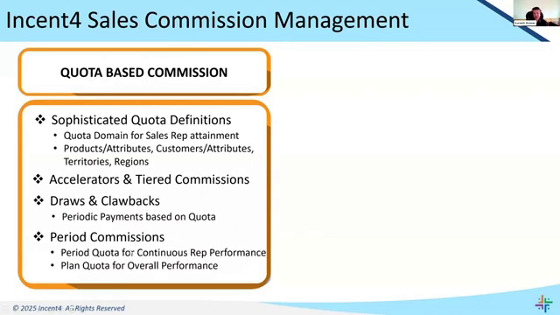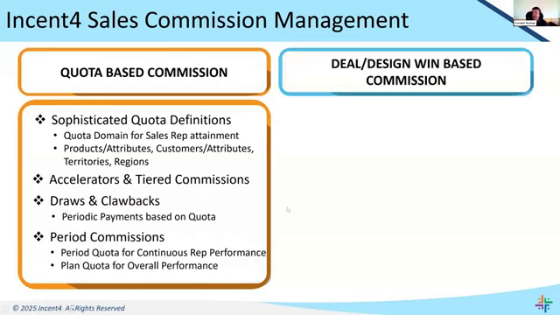We also have a way to define period quota. So besides having an annual quota, you can also have a monthly quota, and you can split your commissions between period, monthly or quarterly, versus the annual quota. And a special kind of commission is the deal or design win based commissions.